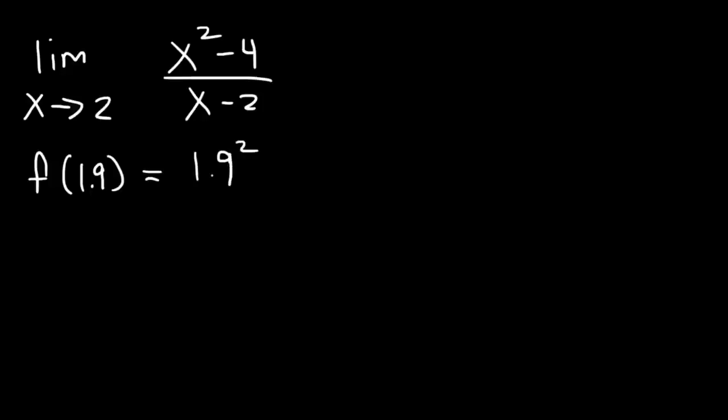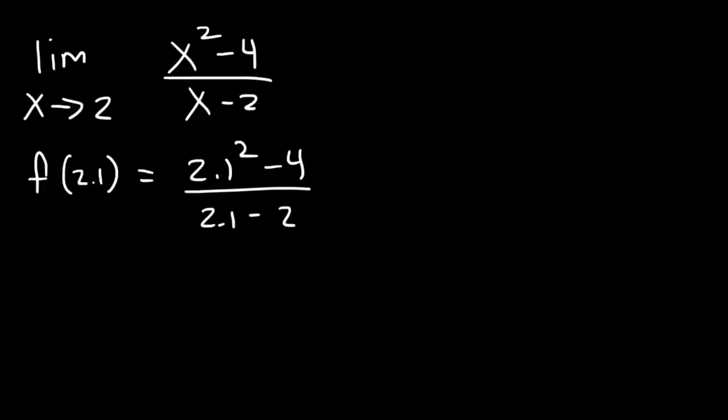Actually, let's make it 2.1, so let's get a positive answer instead of a negative one. 2.1 squared minus 4 is about 0.41, and 2.1 minus 2 is 0.1, so this is going to be 4.1.